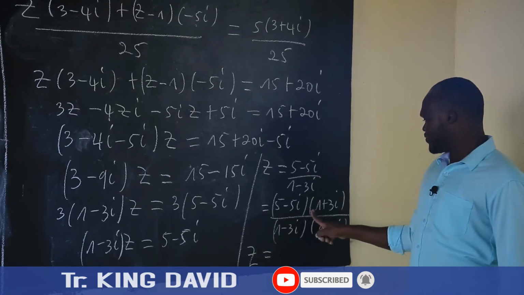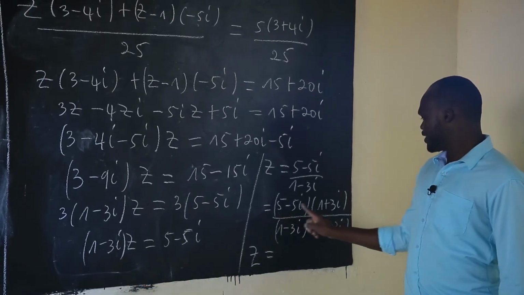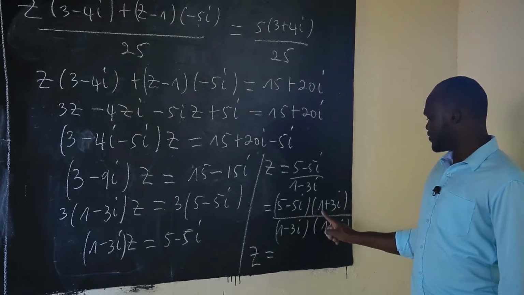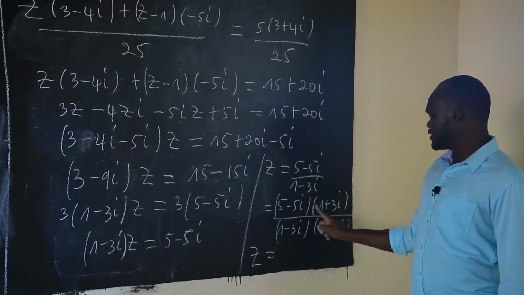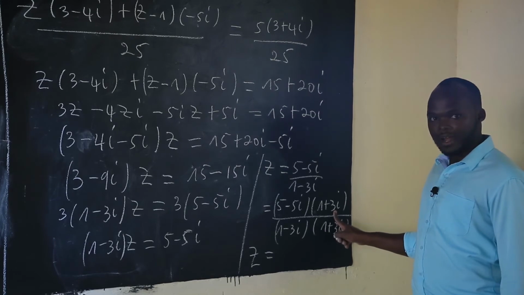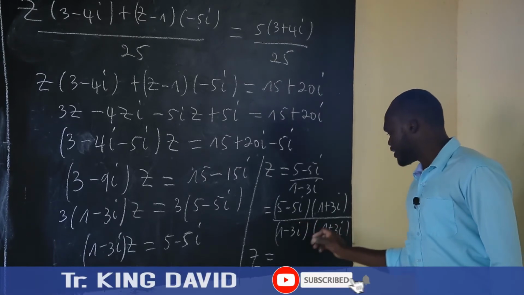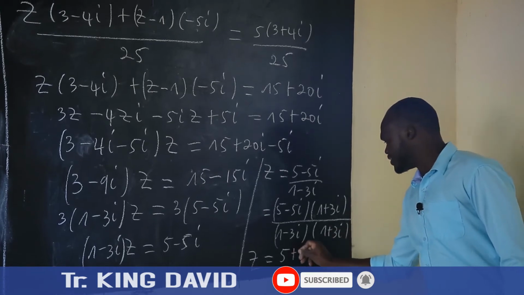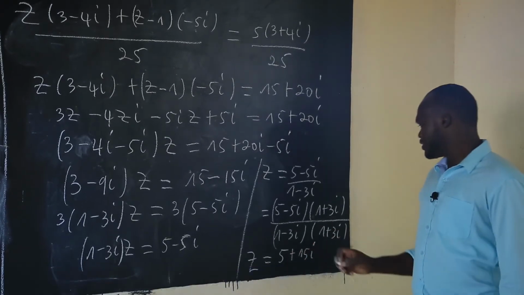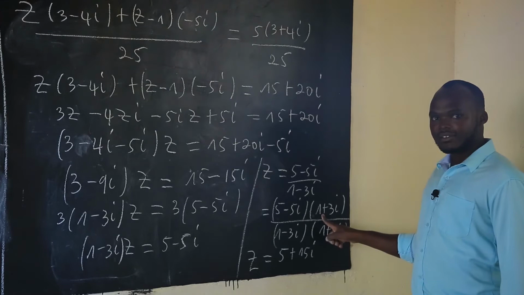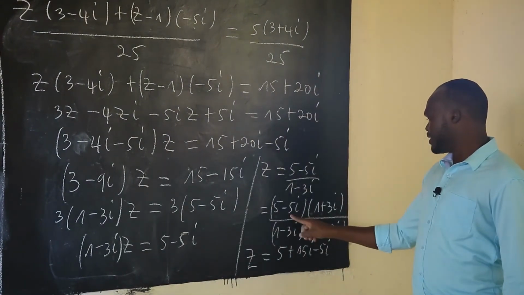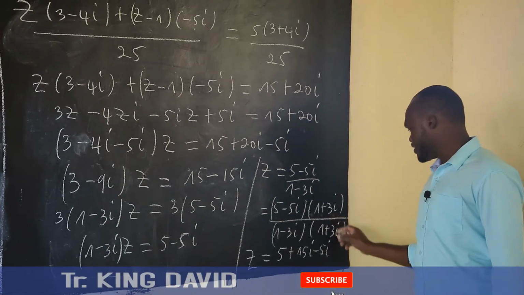5 times 1, that is 5. 5 times 3i, that's 15i. And this is negative 5i. And this is minus 15i squared.